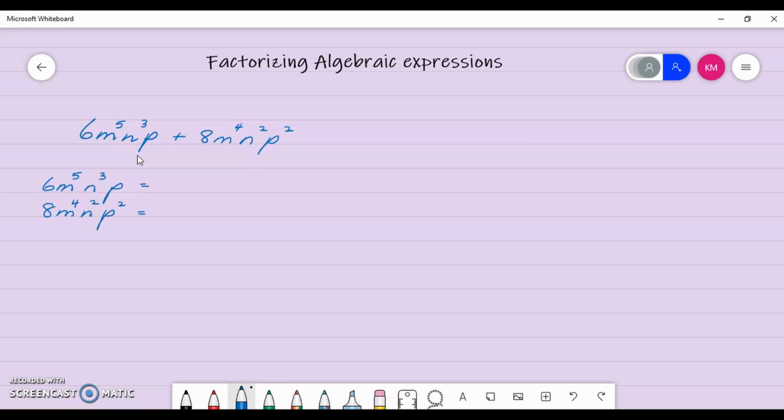And I'm going to expand it out so that I can get my HCF. This becomes 2 by 3 by, and this one becomes 2 by 4 by.